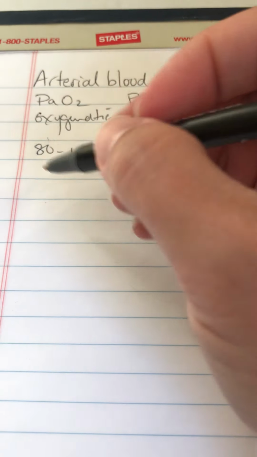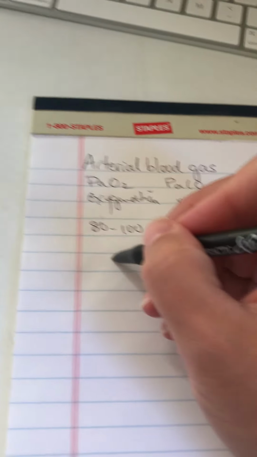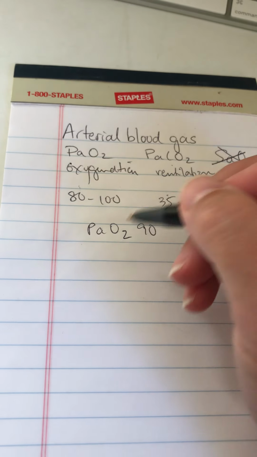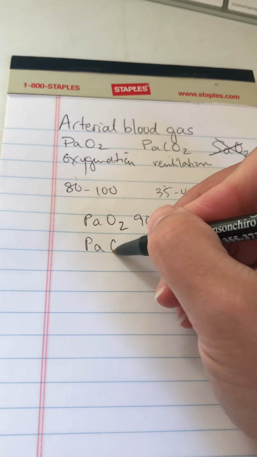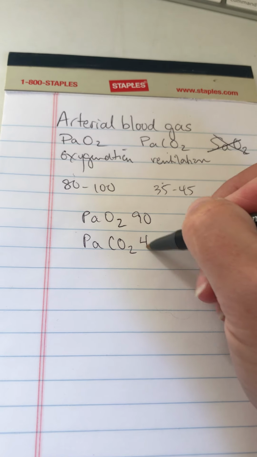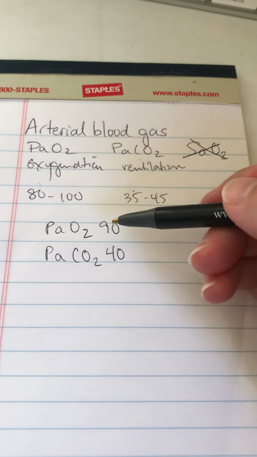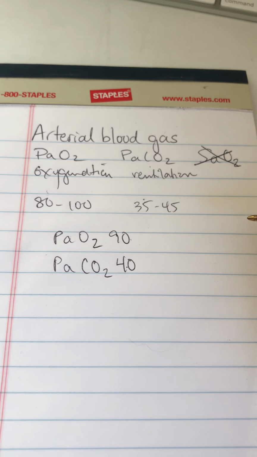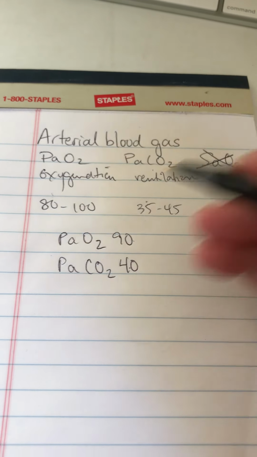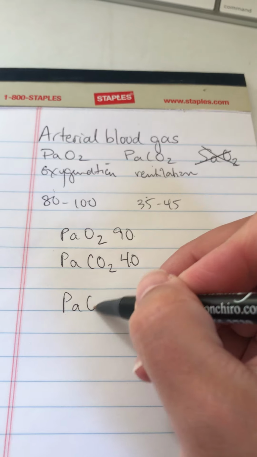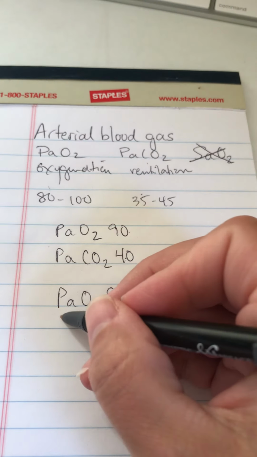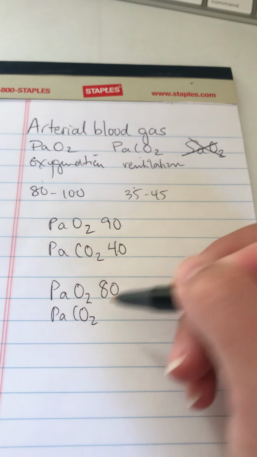So what's normal? Let's look at normal. If a PaO2 is 90 and we are not hyperventilating, our PaCO2 should be right in the middle. Normal, normal. Now what happens a lot is when your PaO2 is 80, low normal, but your PaCO2 is low.